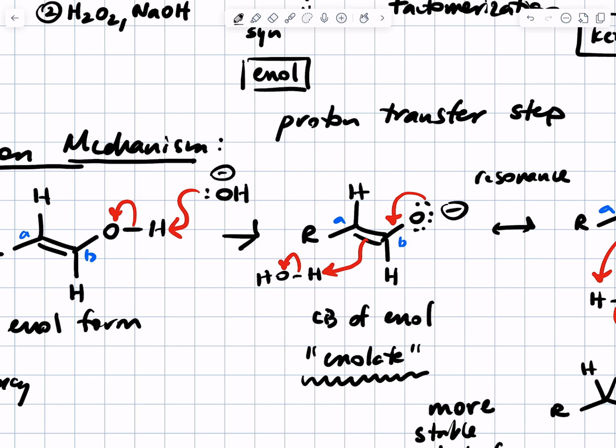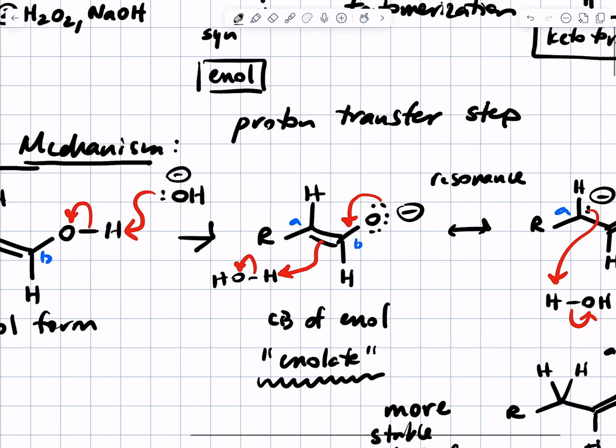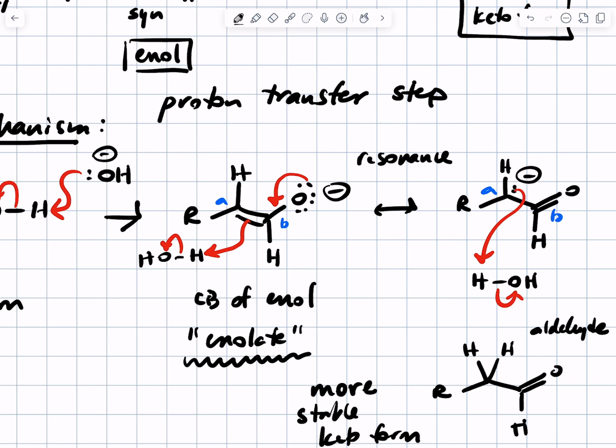That proton goes on carbon B. No, that's the misconception here. This arrow is showing the pi bond between O and carbon B. This arrow here means carbon A is getting the proton.